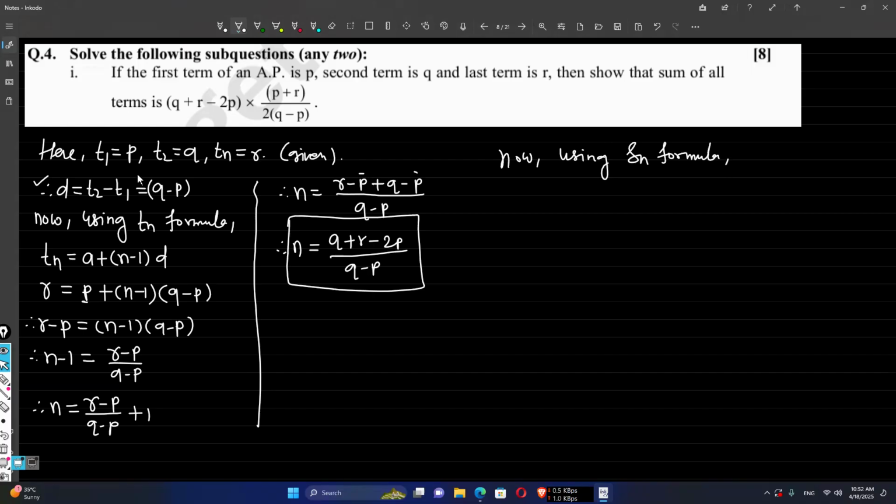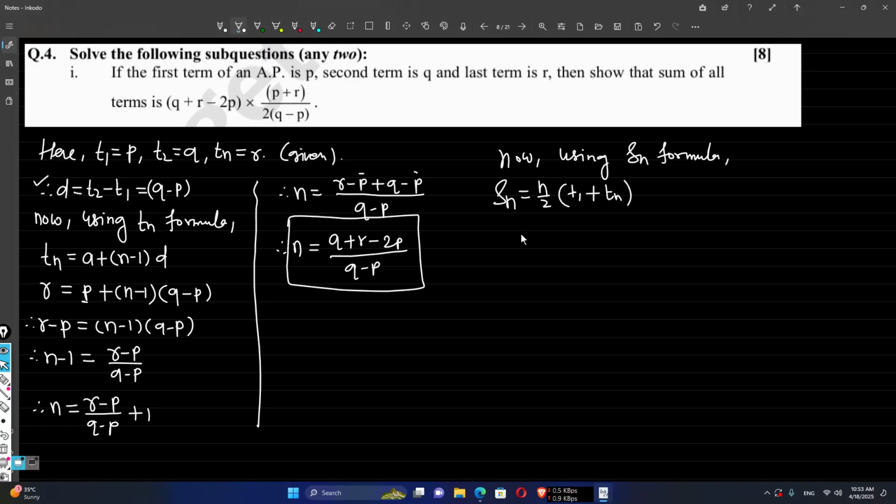Since we have the first term, the last term and the number of terms in the AP, we can use the second general formula, that is Sn is equal to n by 2 times (the first term T1 plus the last term Tn). This short formula we are going to use.